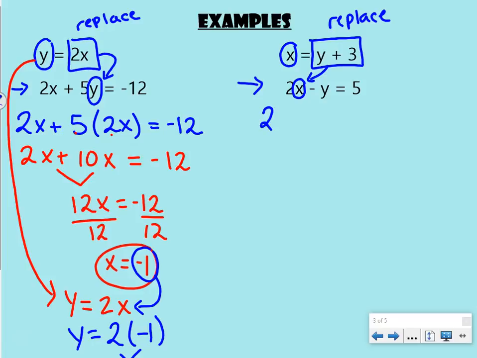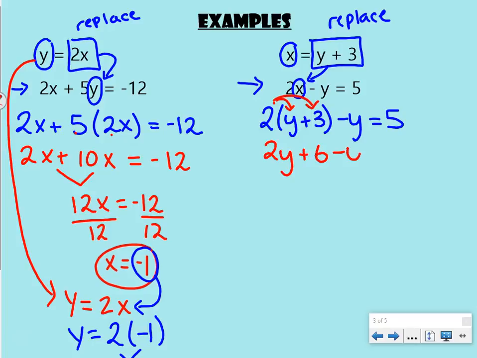So we say 2 in parentheses (y plus 3) minus y equals 5. You see how I continued the equation? We keep writing it. Now we solve. Distribute the 2 to the y and to the 3. 2y plus 6 minus y equals 5.